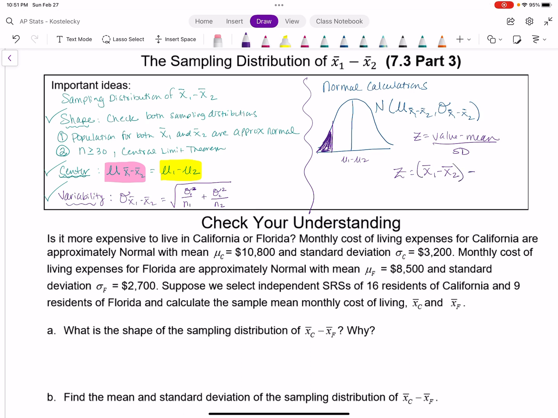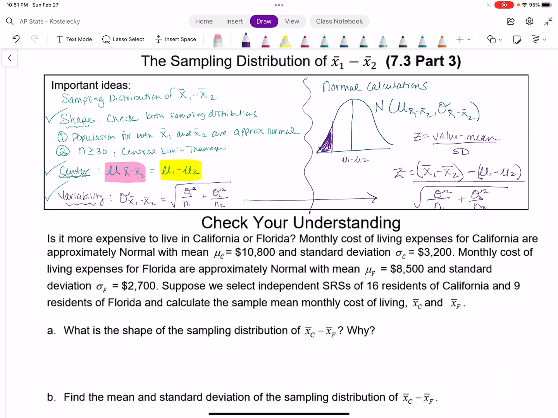That's our value, so this is what the difference of our samples would be, minus the difference of our actual population means, divided by our standard deviation formula, so that's just this formula right here. So we're going to do standard deviation squared divided by n plus standard deviation squared divided by n, and that's your first sample, and this is your second sample. Whoops, that's a 2.